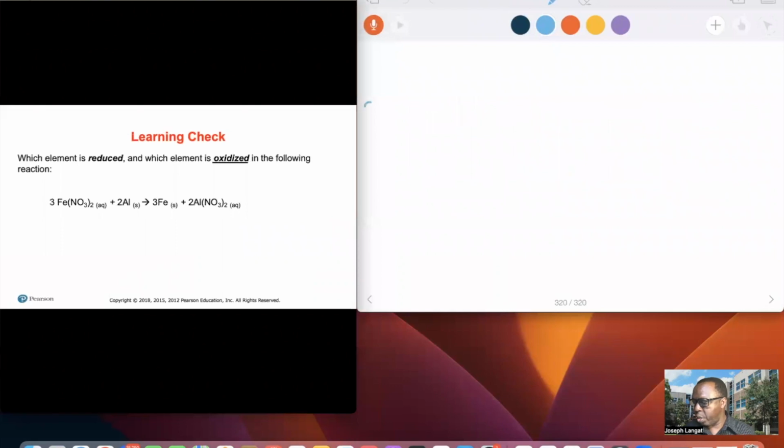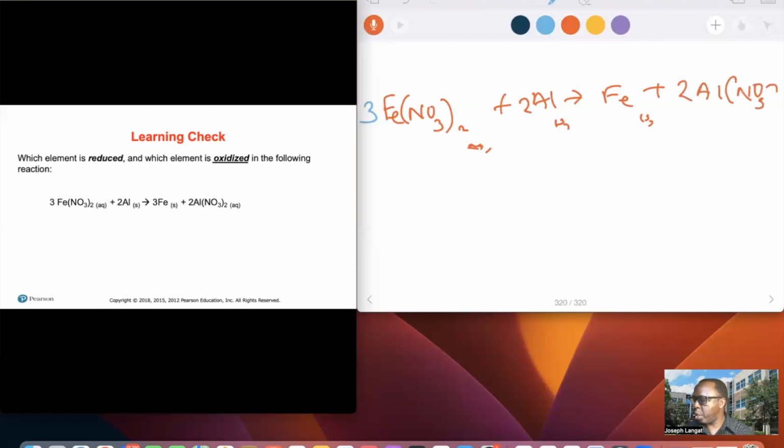If we have 3 moles of iron(III) nitrate, not 2, aqueous, plus Al, and by the way, this should be 3 as well. It cannot be 2 here, it has to be 3. Remember that.